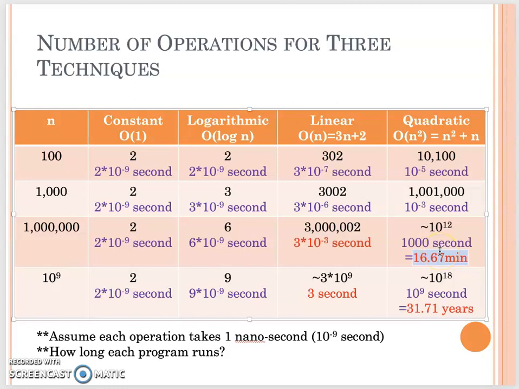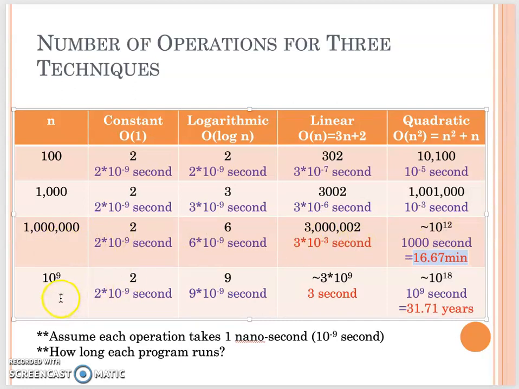Do you really want to search on the internet, just Google something, and then take 16 minutes to get the result? Before, it was slow. But now when you type a keyword in Google, in less than 1 second they give you results and a lot of links. And that's only for 1 million data.